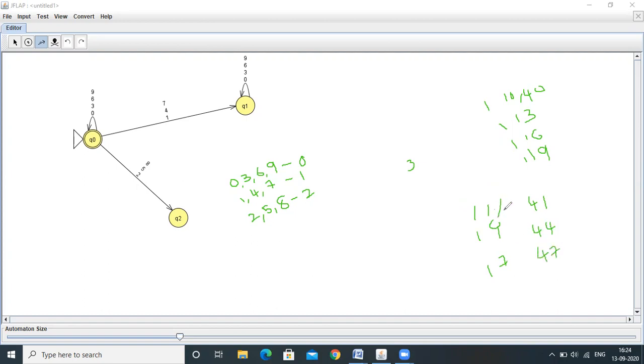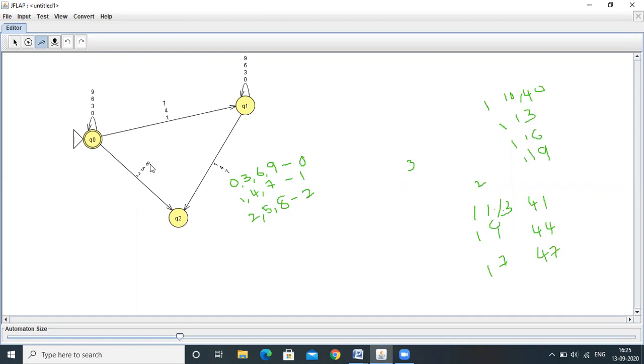If you perform modular division with 3, what is the remainder? Remainder is 2. So Q1 on 1, Q1 on 4, or Q1 on 7 will go to the Q2 state. Let's design that: Q1 on 1, Q1 on 4, Q1 on 7 will go to the Q2 state.